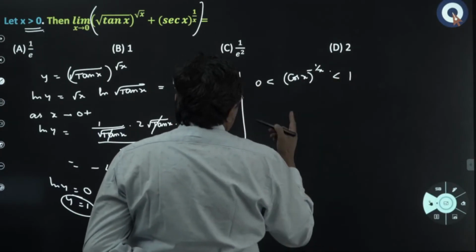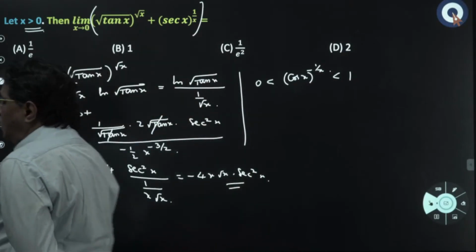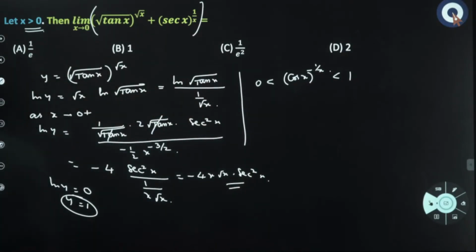Therefore, as x tends to 0, obviously this goes to 1. So the second part is 1 and the first part is 1. Therefore, the required limit is equal to 2. So the answer is 2.